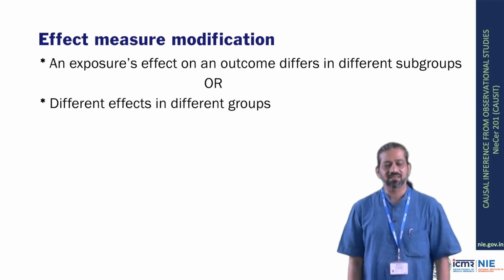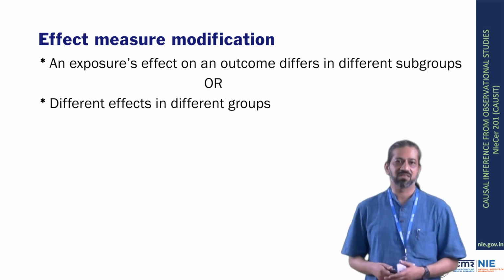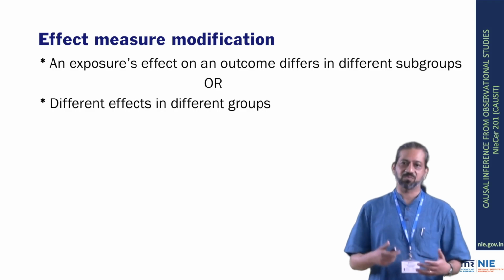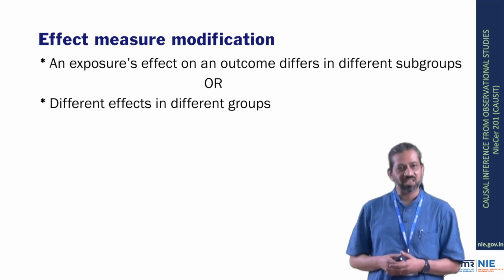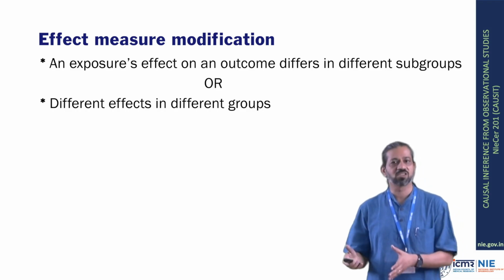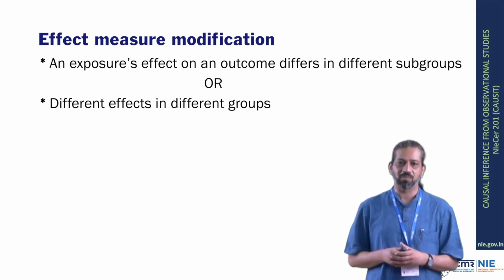We say that in any epidemiological study, specifically the analytical epidemiological studies, wherein we are trying to find the effect of an exposure on an outcome, there exists an effect measure modification when an exposure's effect on the outcome differs in different subgroups of the study population.